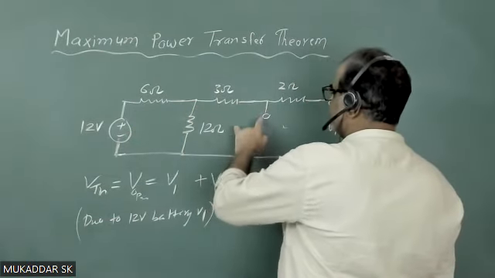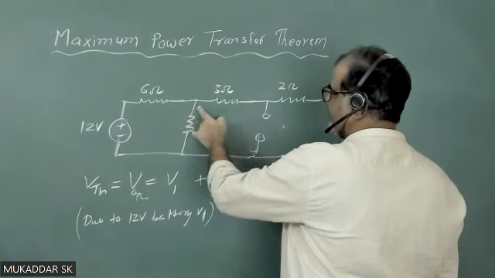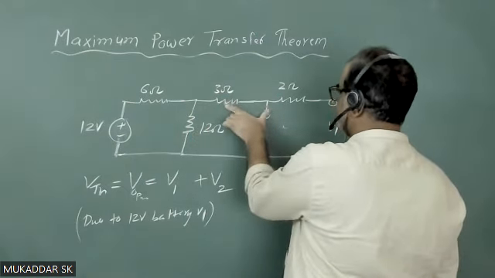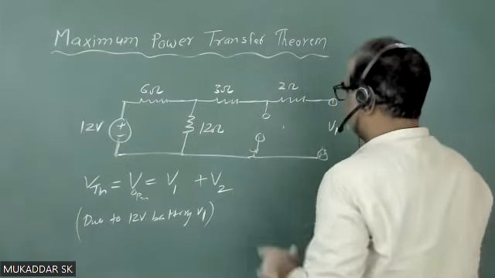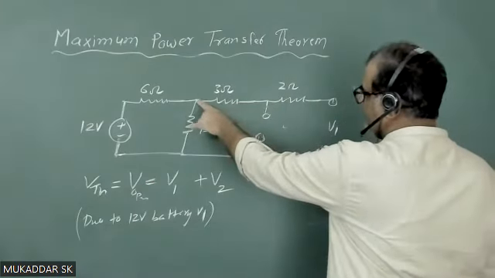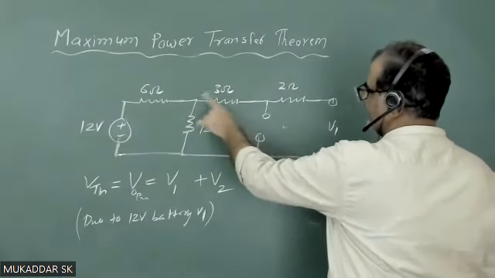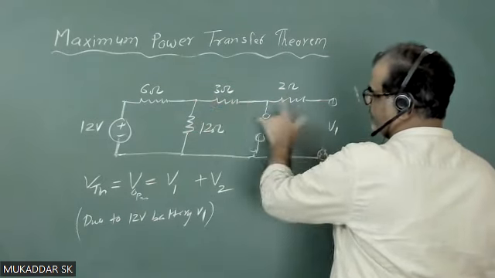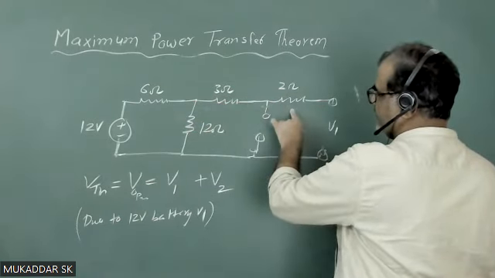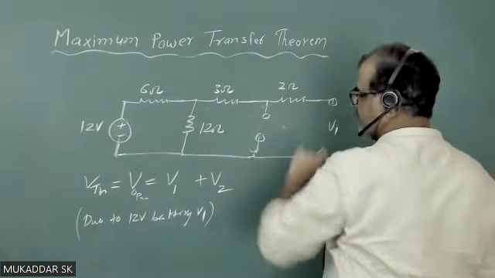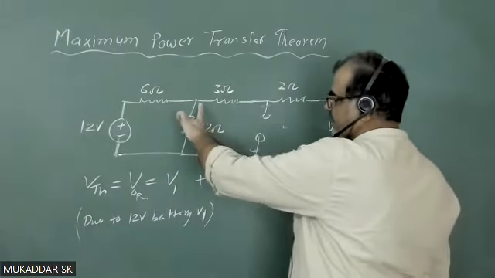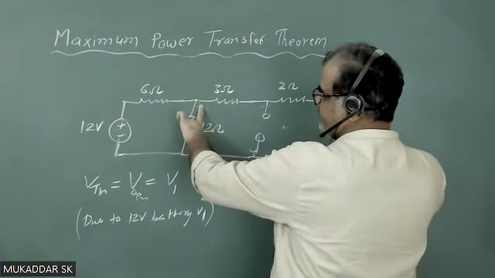Since this circuit is open, no current will flow in this portion, so there is no voltage drop here. That means this terminal and this terminal have the same potential, because no current is flowing. So whatever voltage is here, that will be my V1.